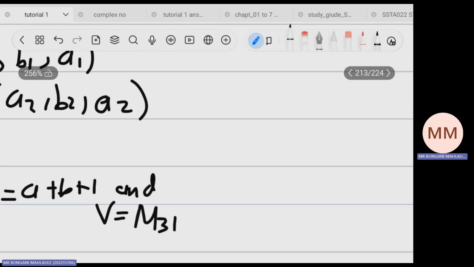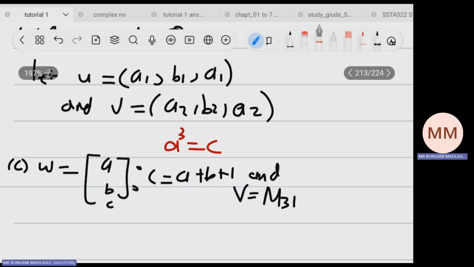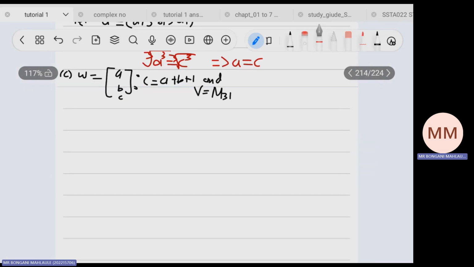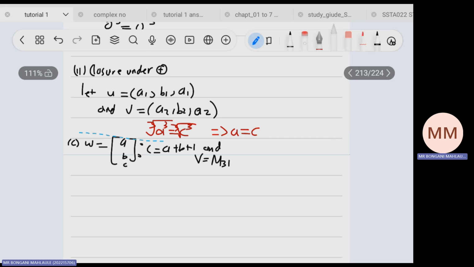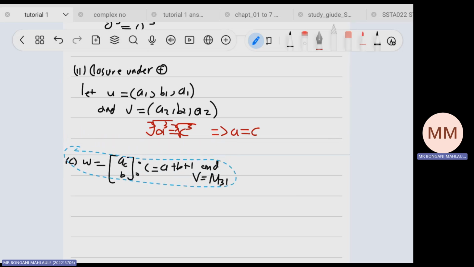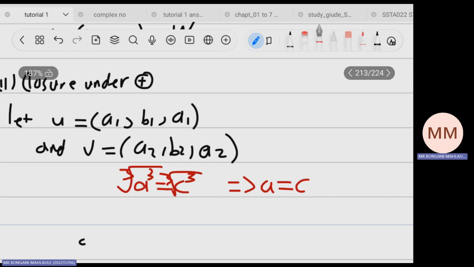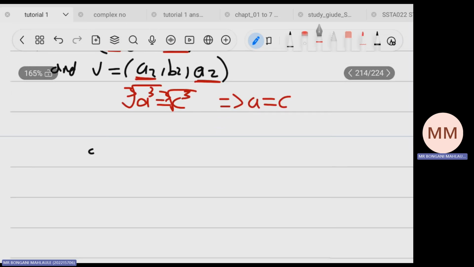Remember, if you have a condition that A cube is equal to C cube, if you cube both sides, you'll realize that A is equal to C. That's why on my vector U and vector V, A and C are equal.